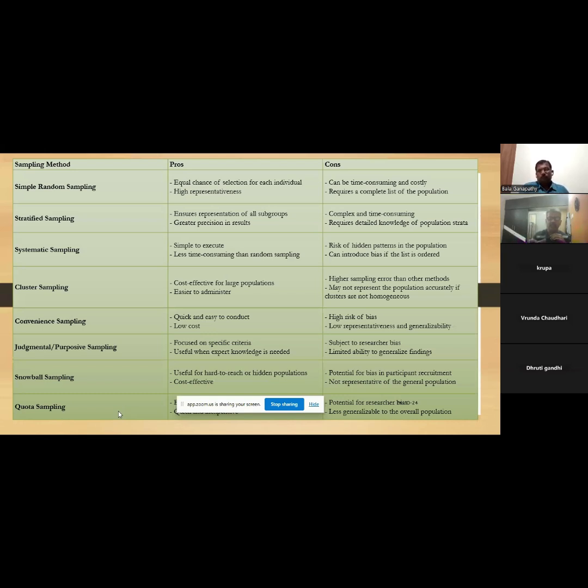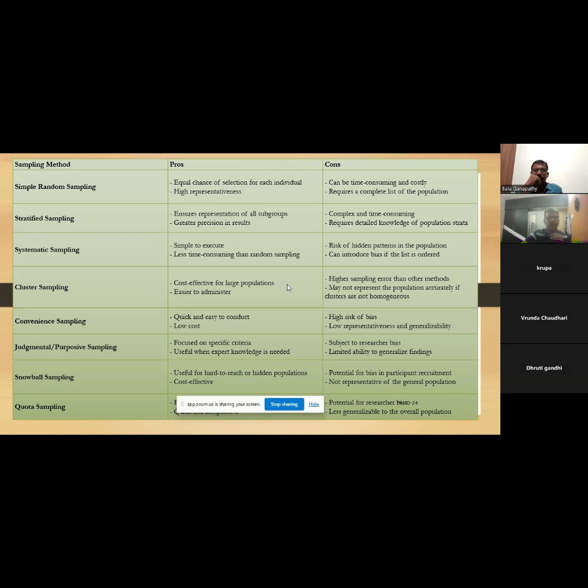So you have to take samples from each category, for example government employees, non-government employees, labor people, business people. Then only the conclusion will be right. Otherwise, as happens recently in India, they predict one result and the result is something else, because they have not used quota sampling. They simply took a random sample from the public. That is why poll predictions are mostly wrong.